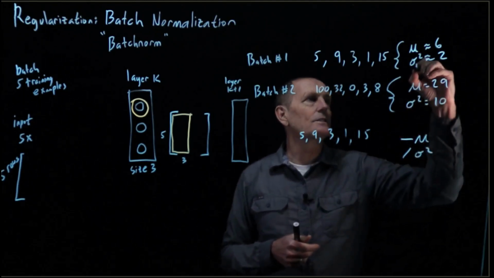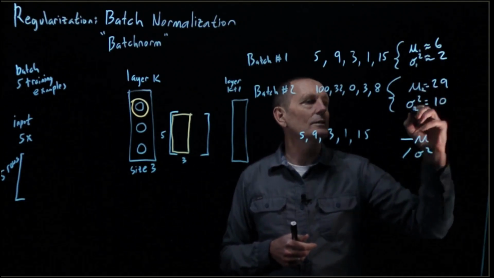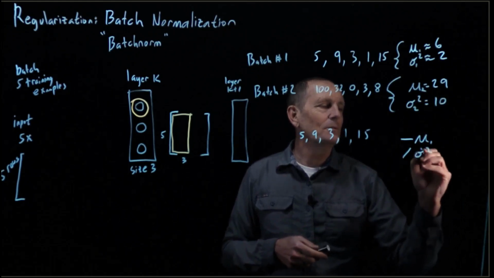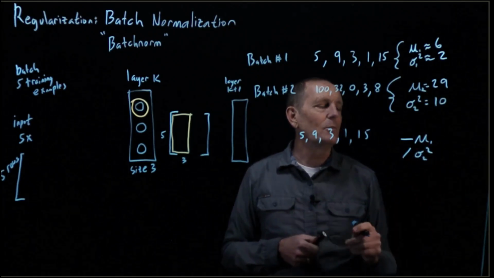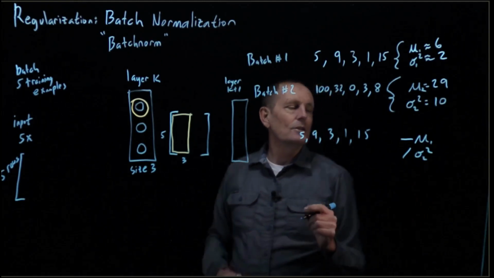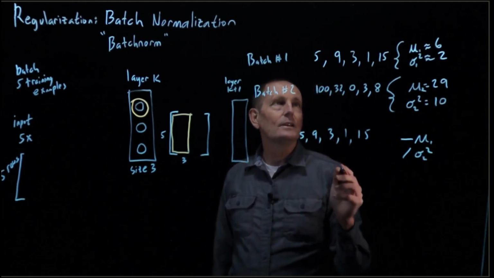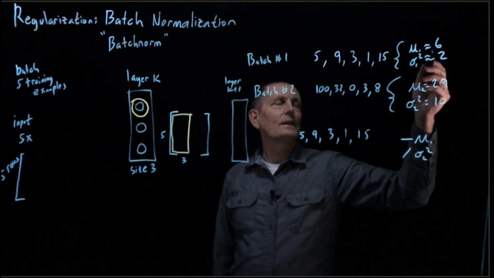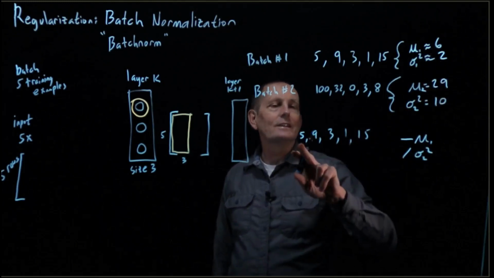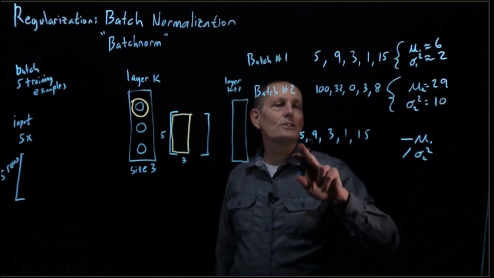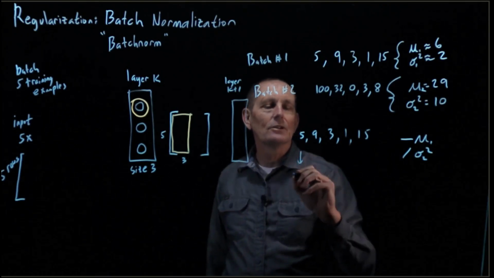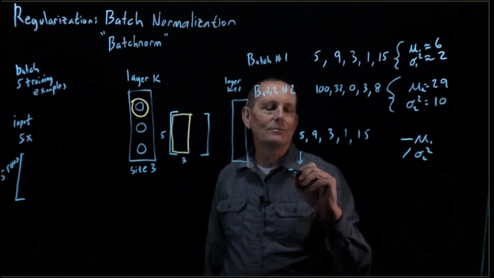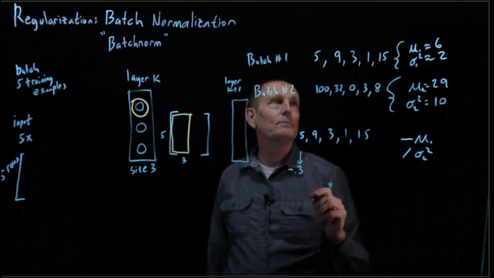I'm going to call these mu sub 1 and sigma sub 1 squared. For batch 2 we'd use mu sub 2 and sigma sub 2 squared. So let's do that. The mean is 6, and therefore 5 is less than 1 standard deviation below 6. So this would get converted to maybe negative 0.3, I'm just making up the number.